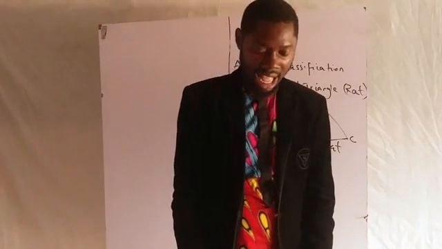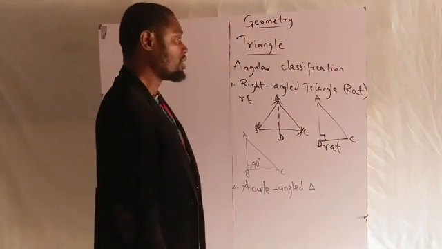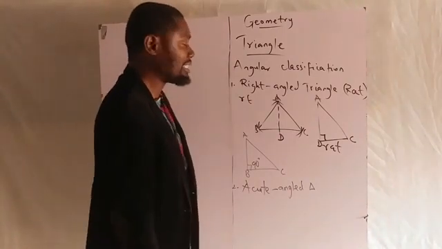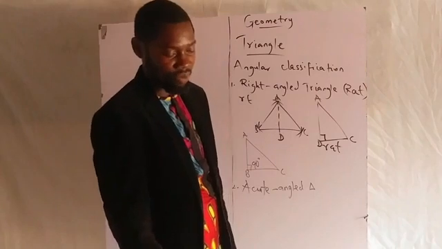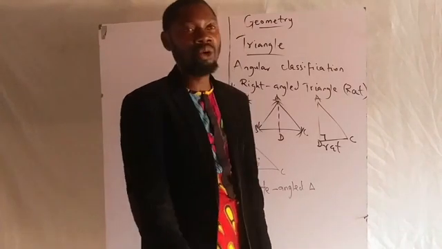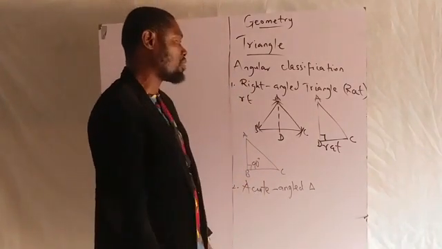That is, the angle inside is less than 90 degrees. The acute angled triangle has one of its interior angles less than 90 degrees.